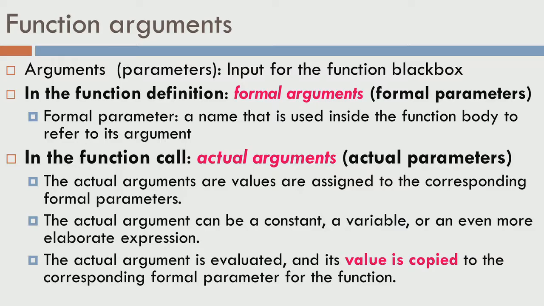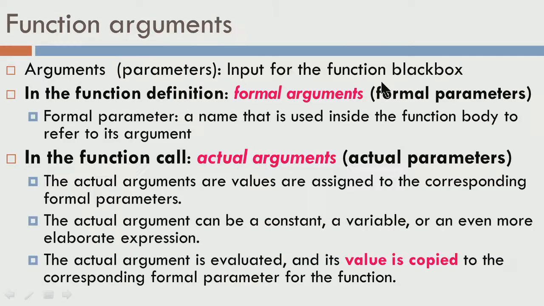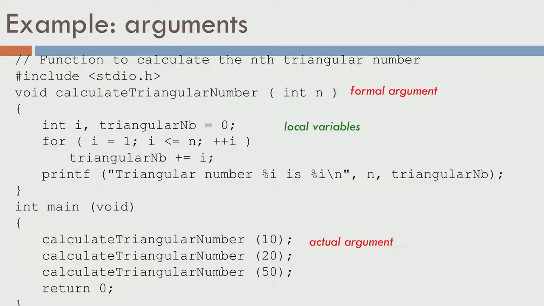So, in our printf, instead of giving the integers directly, we put an expression that is permissible, and the actual argument is evaluated and its value is copied to the corresponding formal parameter for the function. We will see this in a little more detail with the next example.